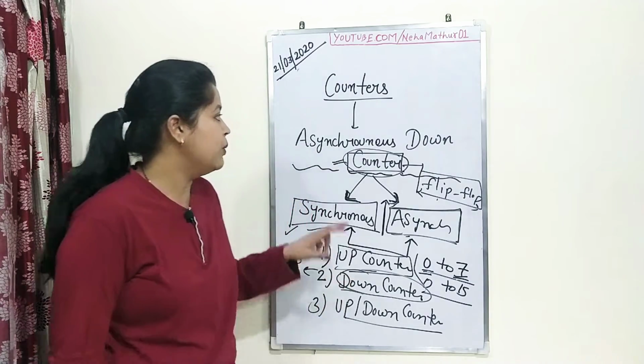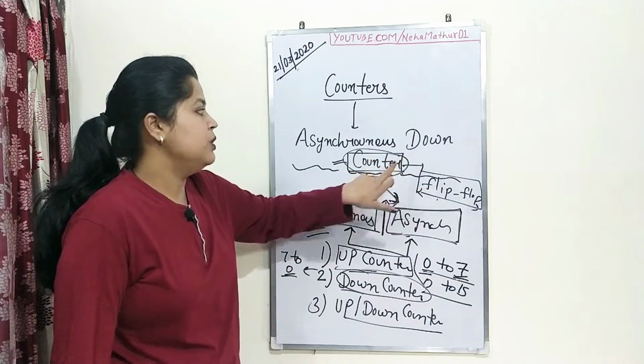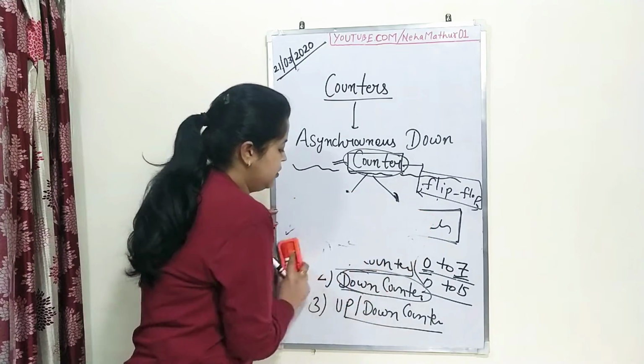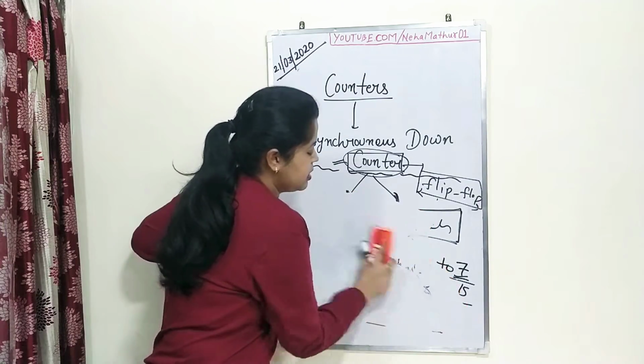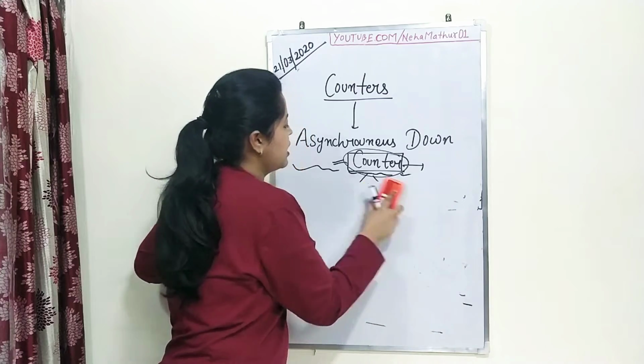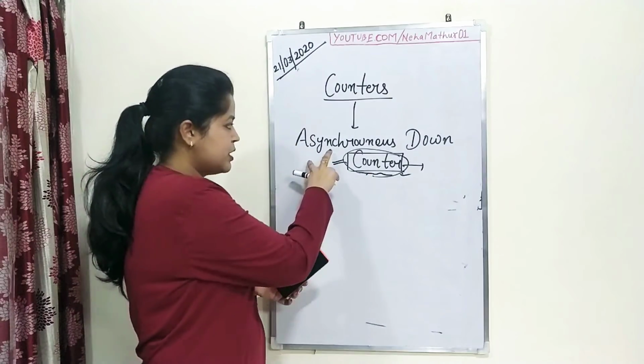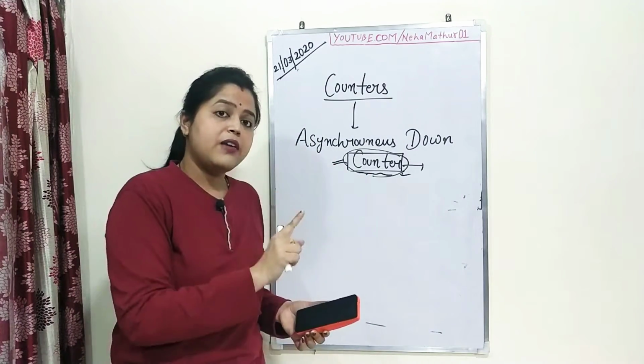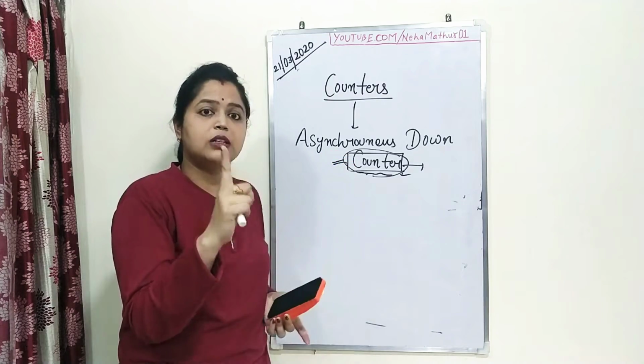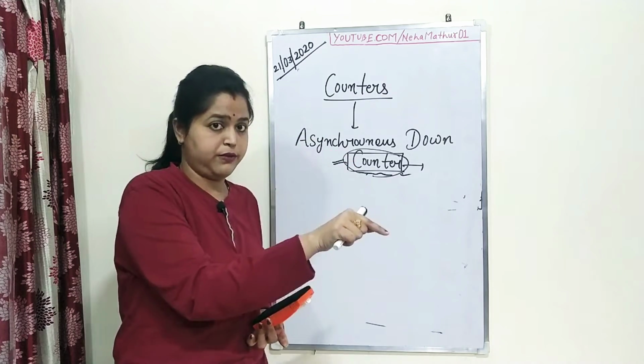Today I will tell you about the asynchronous down counter. Firstly, you must be clear about the topic, that is, asynchronous. That means I will start with one clock that is applied to the first flip-flop.